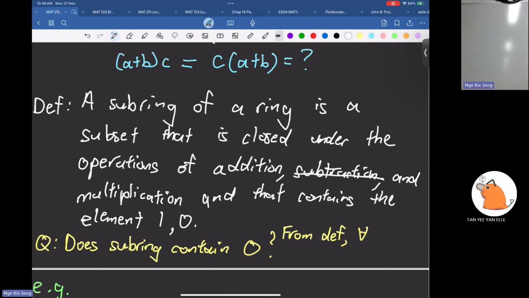But for addition, everything must have an inverse. You must have additive inverses in your ring, but not multiplicative inverses. This is the point. If we have multiplicative inverses for all of them, this is what we call a field, and later we will introduce fields again.